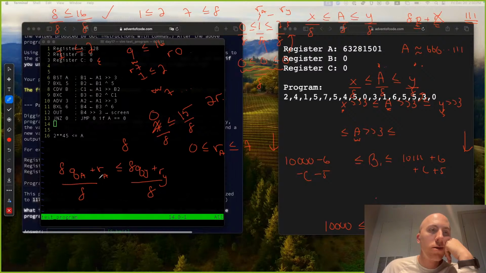So basically the resulting number is, yeah, this goes away and this goes away.